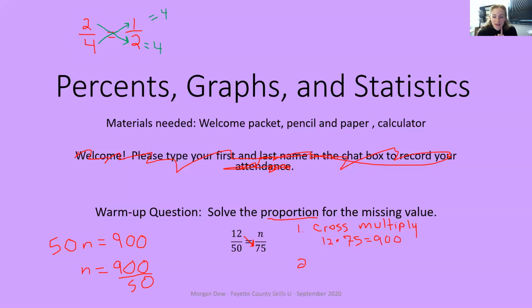So my second step is to divide. I take my cross product from the first step and divide it by the number I haven't used yet, 50. 900 divided by 50 gives me 18. That means that n, our missing number, is equal to 18.